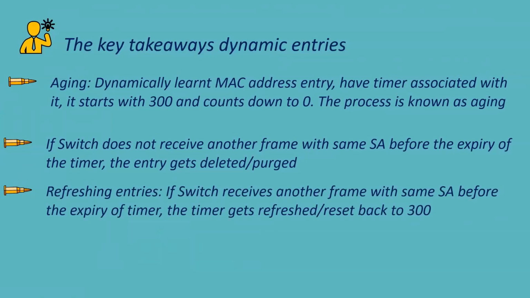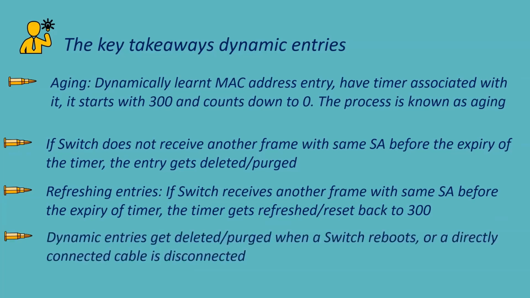And if a frame arrives before the timer expires, the entry gets refreshed and the timer gets reset to 300. Dynamic entries get deleted when a switch is rebooted or a directly connected cable is disconnected.